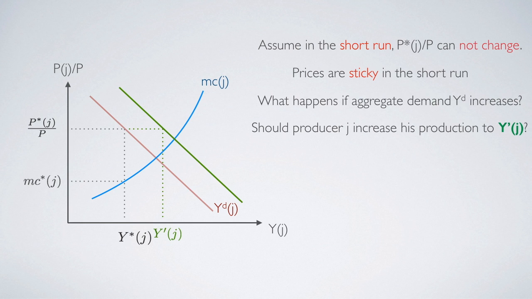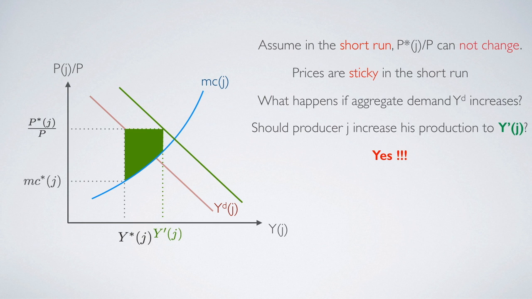If we continue the argument all the way through, we'll see that increasing production from Y star to Y prime will give the firm this extra green area of profit. And it is a positive profit increment. So the answer to the question would be yes. The firm would be happy to increase his production when he sees demand increase due to the aggregate demand increase.